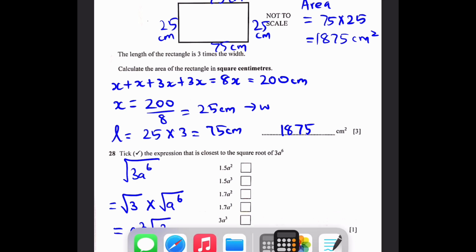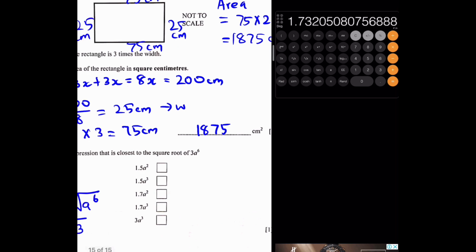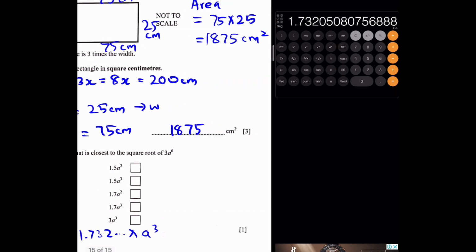Now let's use our calculator to find the square root of 3. 3 square rooted is 1.732 and so on, multiplied by a to the power of 3, which is a cube. And that is approximately equal to 1.7 multiplied by a cubed.